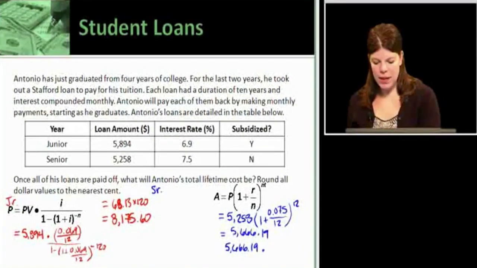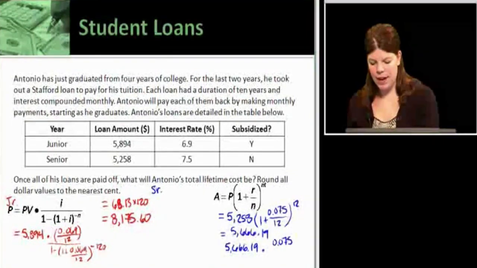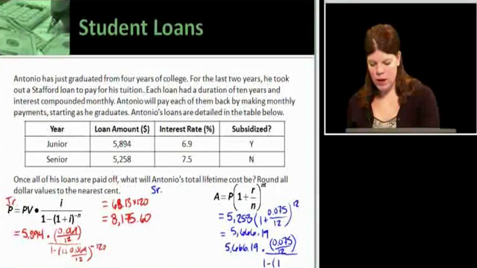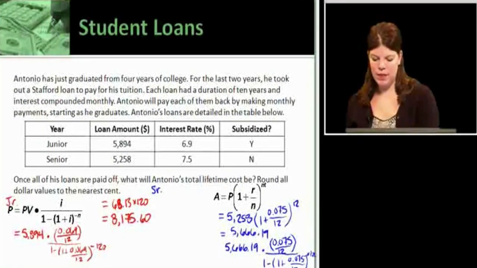And then I multiply that by my i, which is 0.075 divided by 12, all over 1 minus 1 plus 0.075 divided by 12, raised to the negative 120. Hopefully you can see that there, negative 120.